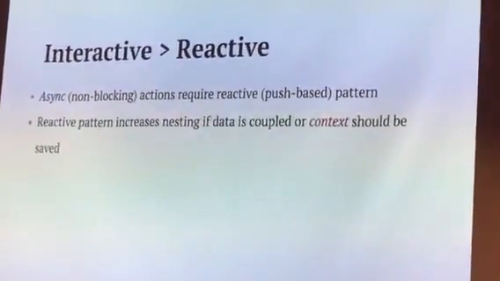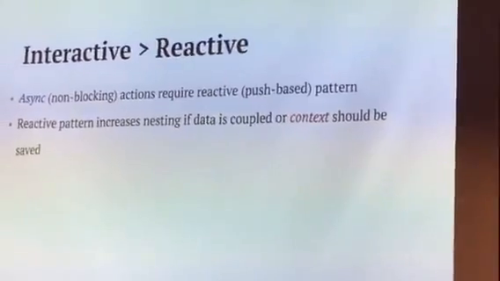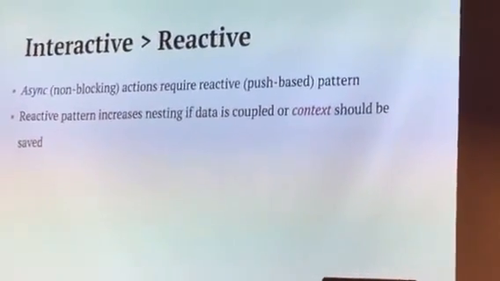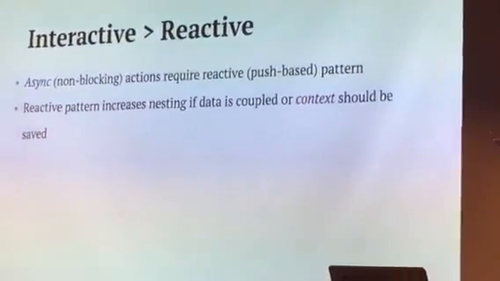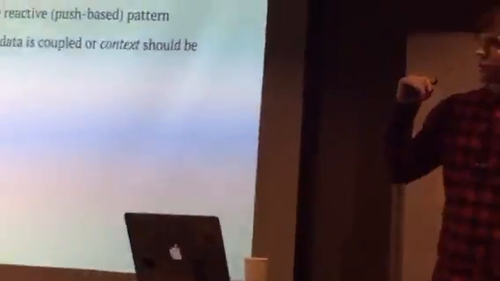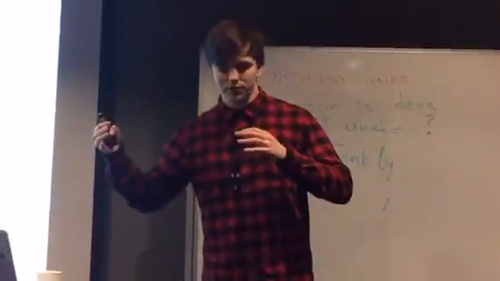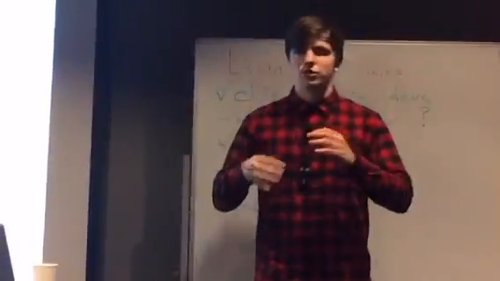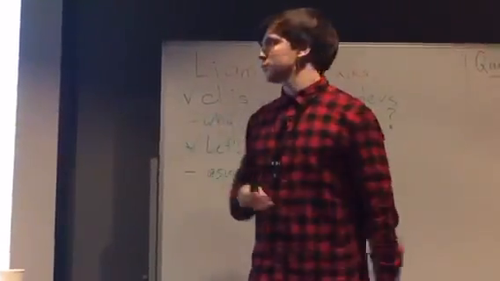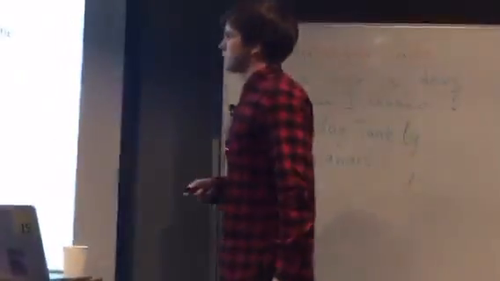Okay, so comparing the interactive and reactive approach, there are just two statements: only asynchronous actions require this reactive approach, because we can't actually get the result of an asynchronous function, because the result doesn't exist at this period of time, at this moment of time.